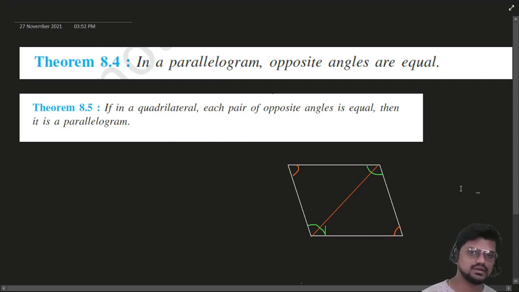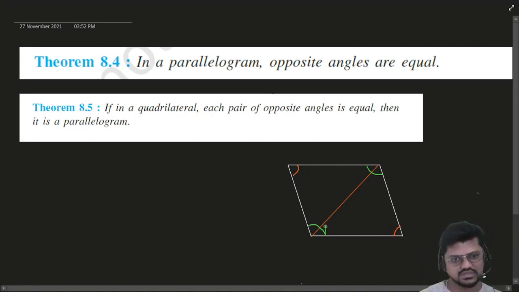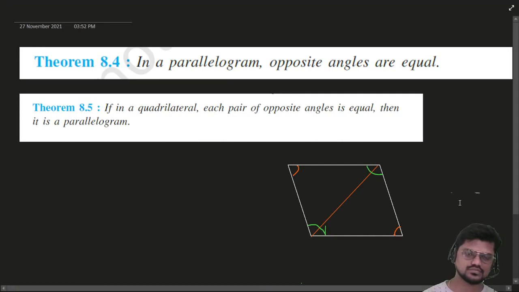But you can remember it. In a quadrilateral, each pair of opposite angles is equal, then it is a parallelogram. That means if this angle is equal to this and this angle is equal to this, then we can say it is a parallelogram. You don't have the proof of this, not even in the textbook. But if we take the opposite sides as equal, then we can prove it by SAS.